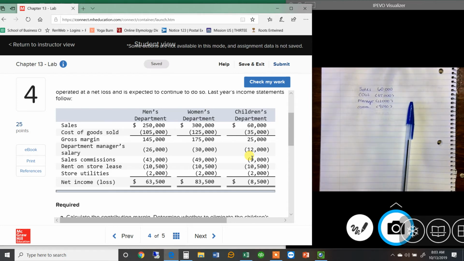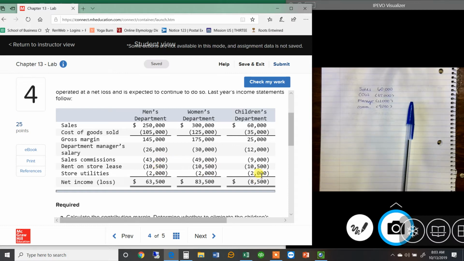However, when I talked about the rent on the store, I'm still going to pay rent on the store whether this goes away or not. So the total rent for the entire store is basically this $10,500 times 3, and then because I had 3 departments, I divided it by 3. That's not going to go away. This portion is just going to be spread over this department and this department if I get rid of the children's department, along with the utilities.